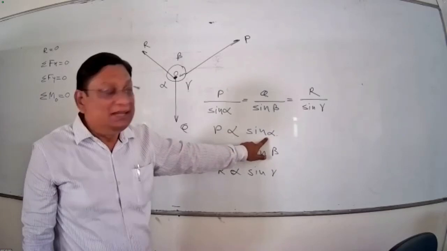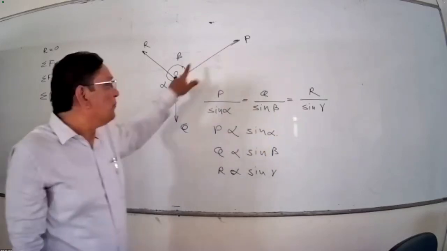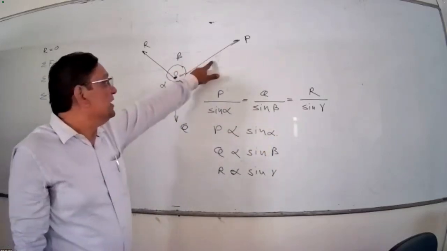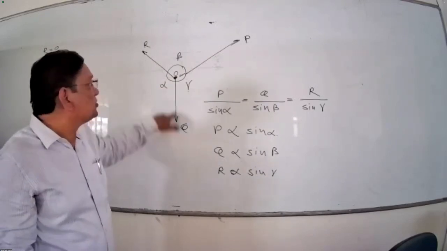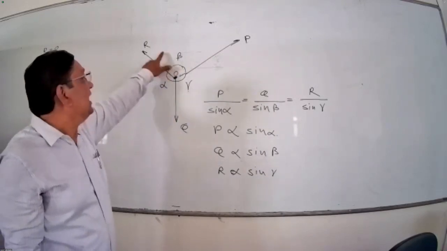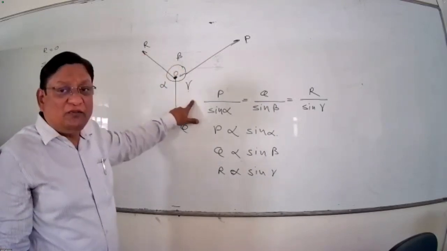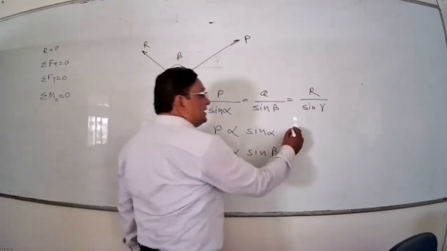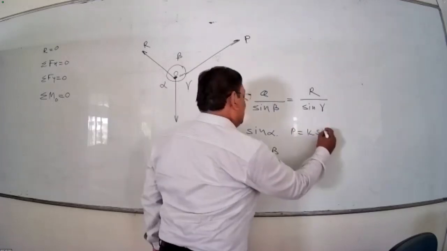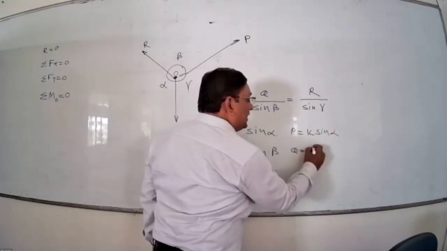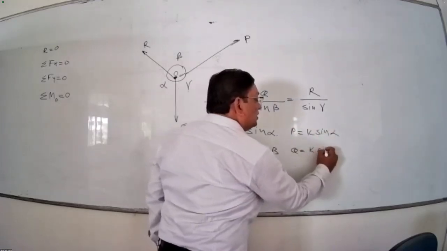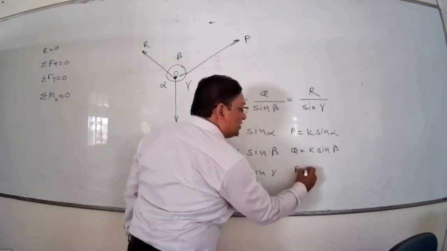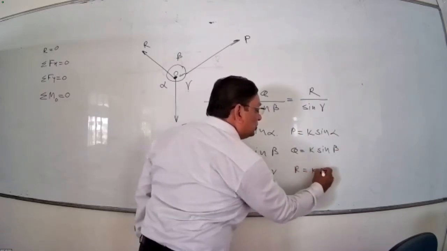The force is P, and its opposite angle is alpha. So P is proportional to sine of alpha, Q is proportional to sine of beta, and R is proportional to sine of gamma. If I substitute the constant here, I get P equals K into sine alpha, Q equals K into sine beta, and R equals K into sine gamma.